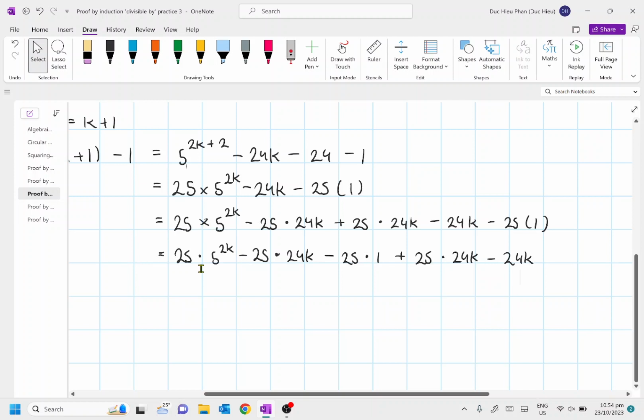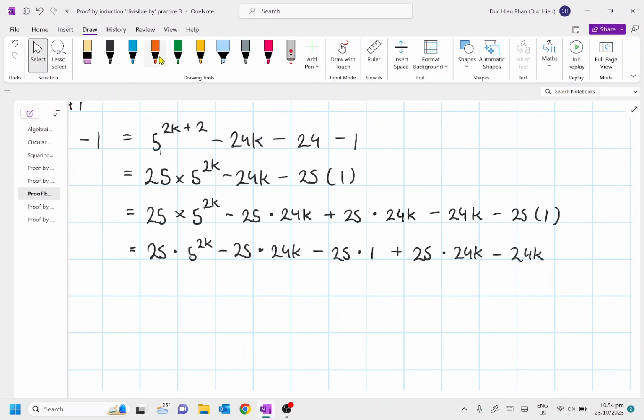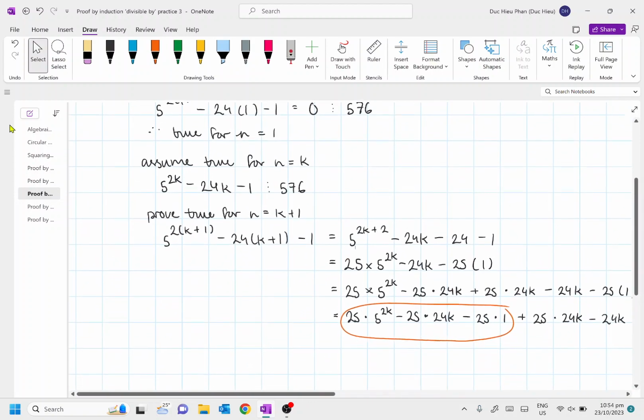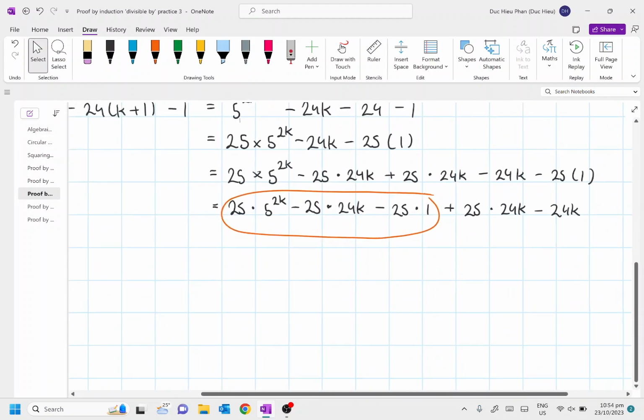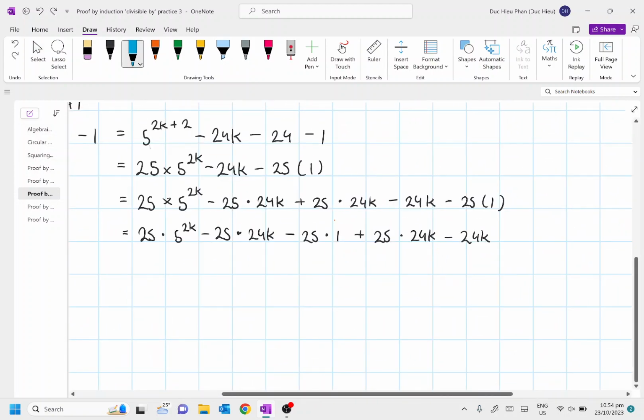So just checking, this goes here, this goes here, this goes here, this goes here, and this goes here. Okay. So we're interested in this part, and we want to turn this part into the same part as in here. Well, what we can do is we just take 25 out.